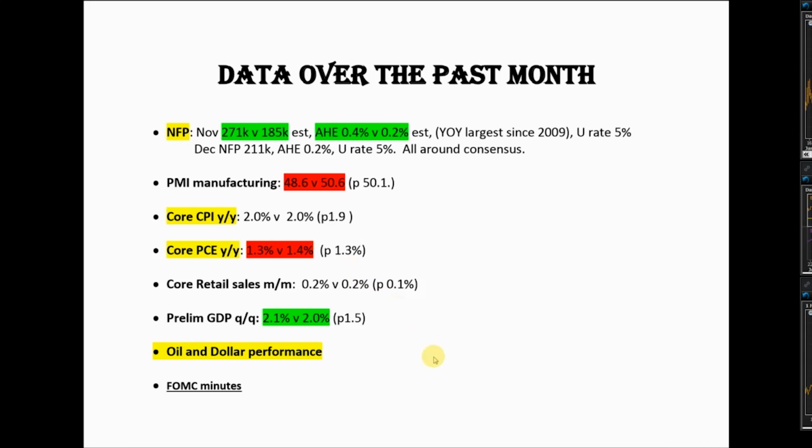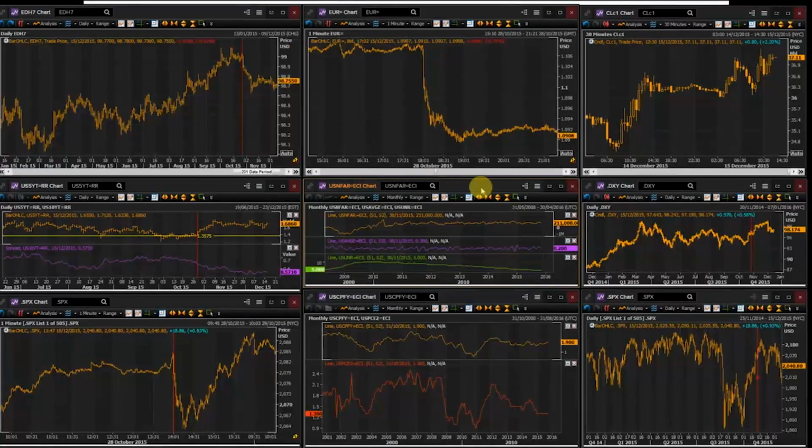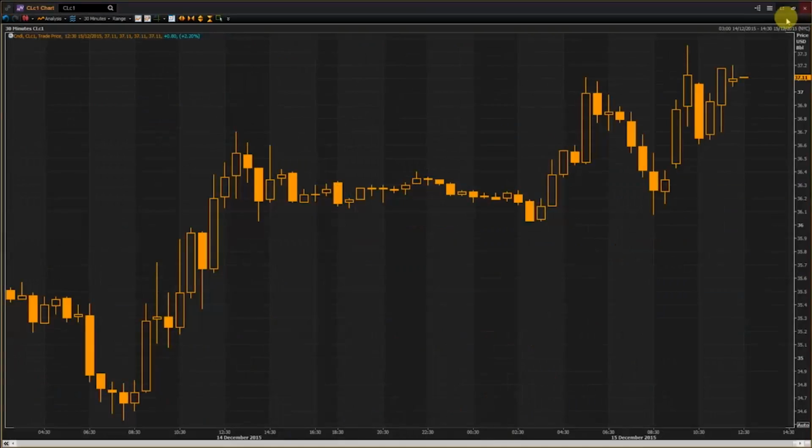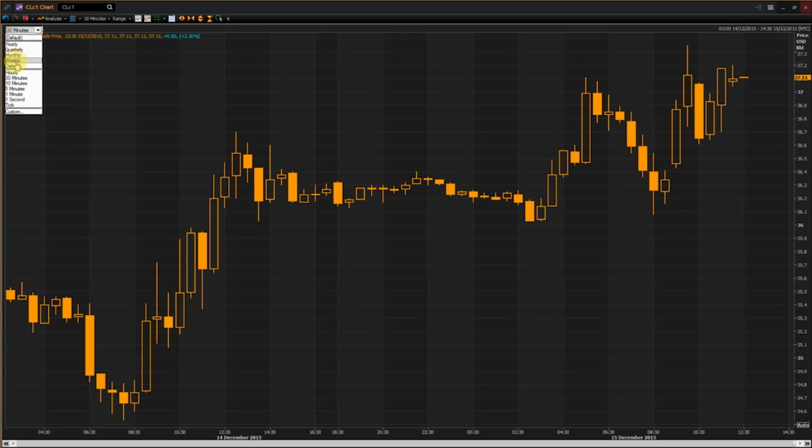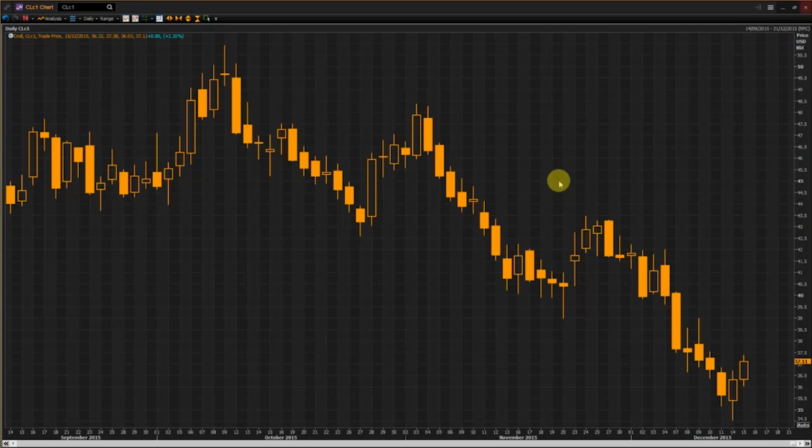With all that, the oil and the dollar, I know it's not data as such, but that's been something the Fed have been mentioning in the past, and because they've mentioned it, we obviously have to pay attention. So if we look firstly at oil, actually let's get a daily chart up, show a bit better.